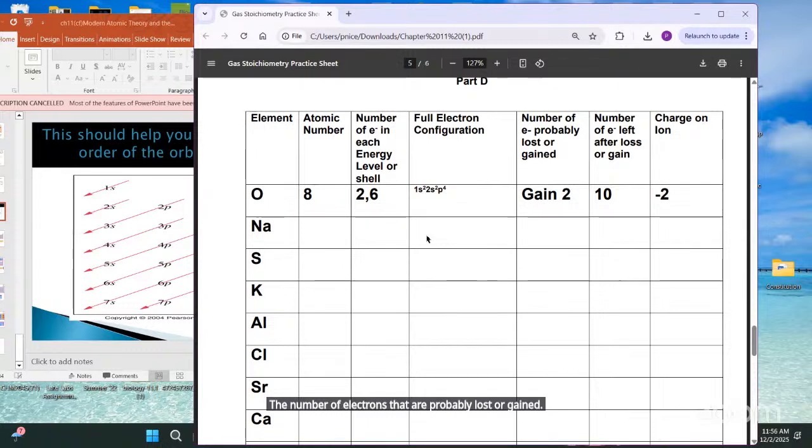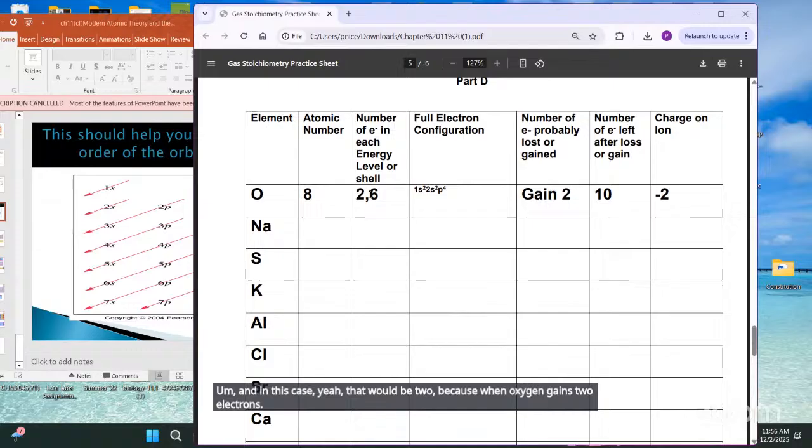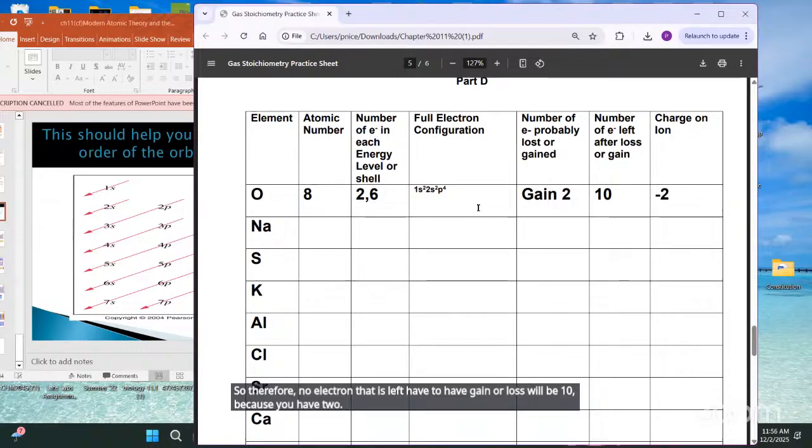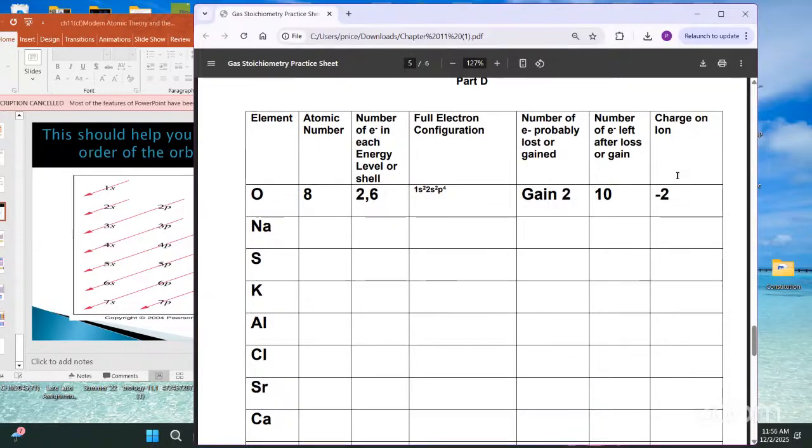In this case, that would be 2, because when oxygen gains 2 electrons, you end up with a full outer shell, which would be 8, which is usually an octet. So the number of electrons left after the gain would be 10, because you have 2 plus 8 giving you 10 electrons total. And the resulting charge on the ion is going to be -2, because before the charge is 0, and when it gains 2 electrons, the resulting charge is -2.